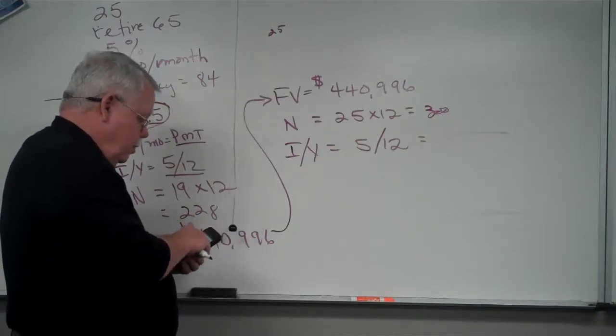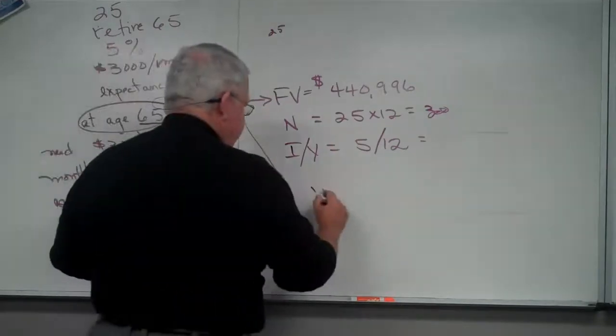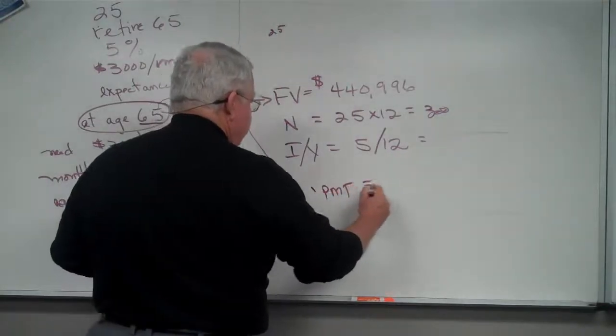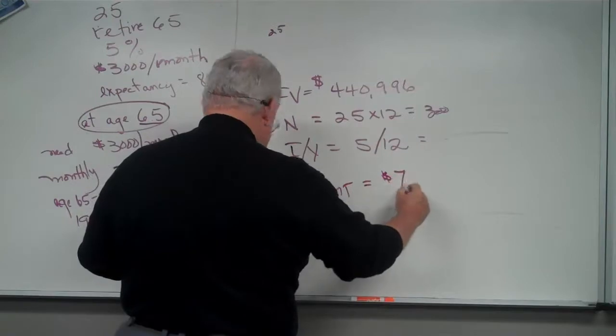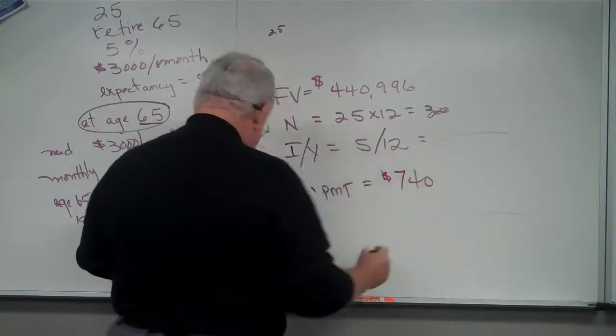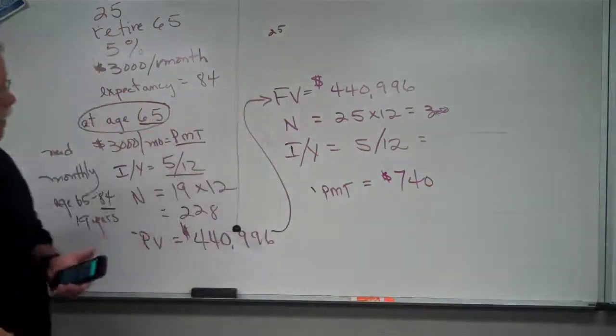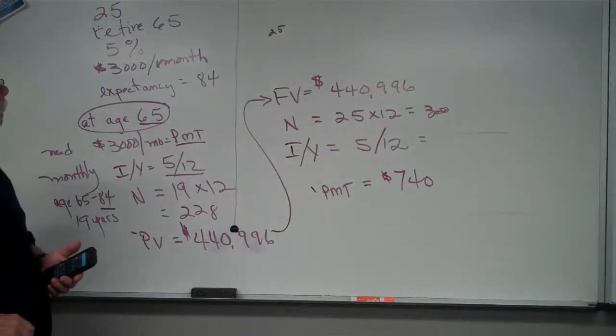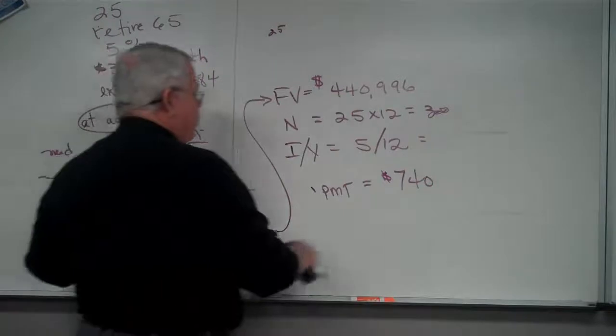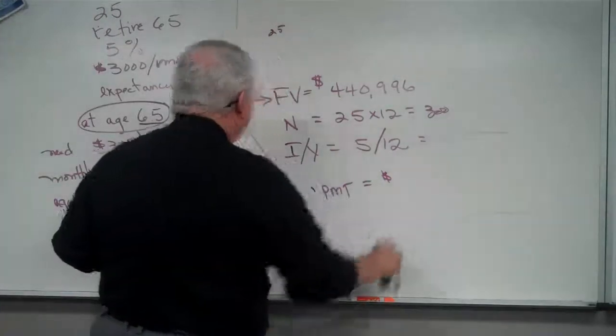And then I want to compute how much payment I need to make every month from now till I get to be 65. I got $740 and change. I'm not sure I like that number, but oh no, look what I did by mistake. No wonder it sounds bad.